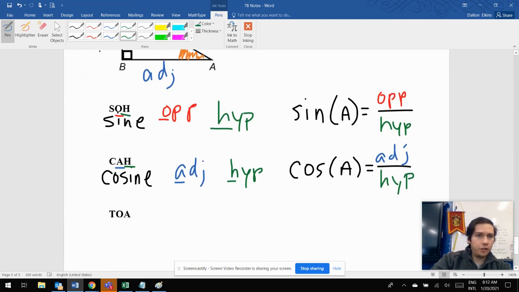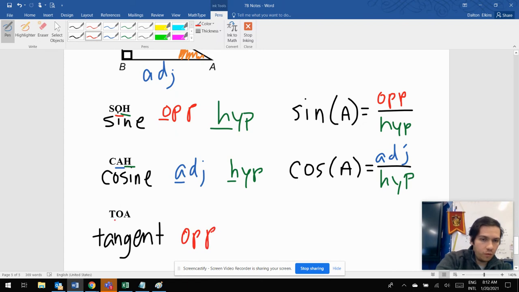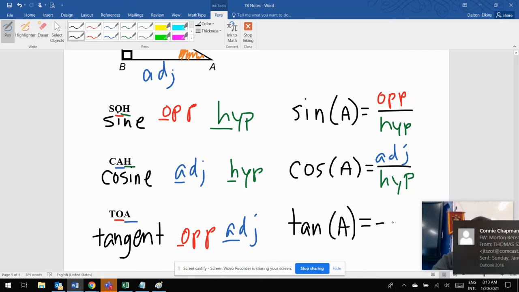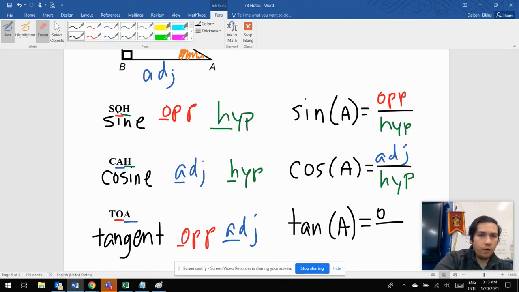And that leaves us with tangent, which is going to be TOA. So the tangent is the opposite, because I see the O here, so opposite, over the adjacent from this A right here. So I know that the tangent of A is equal to the opposite side, which I want to use red.